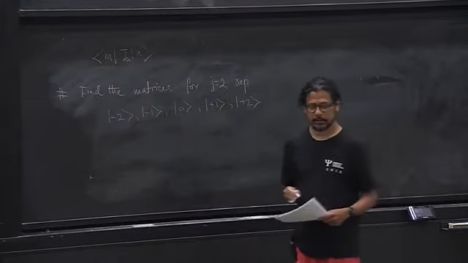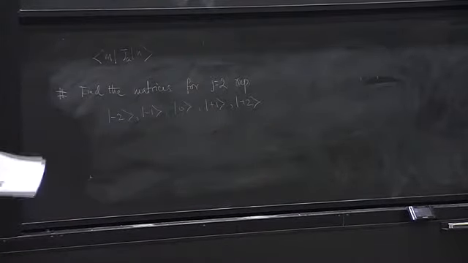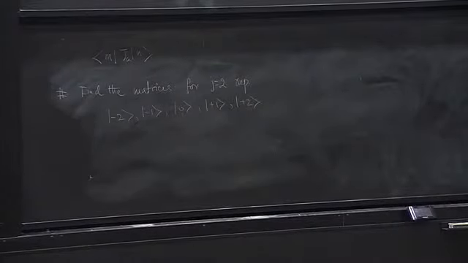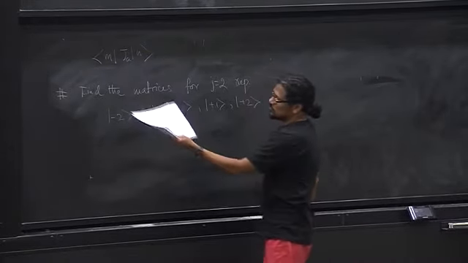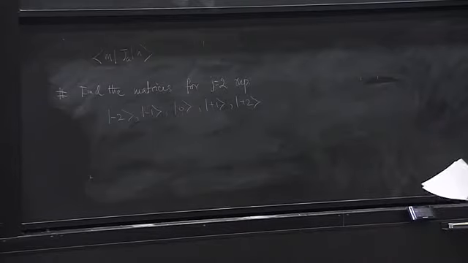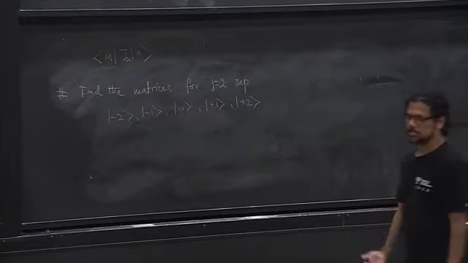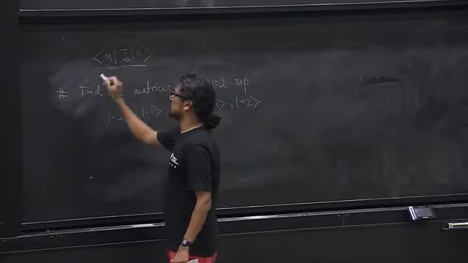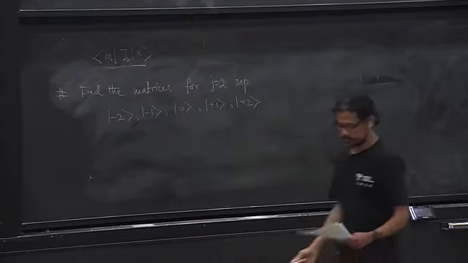And then you can find out what J3 is. You can find out what J plus is, J minus is, just by using this, and you now know what you get when you apply J plus and J minus and J3. I don't want you to do this by hand, do it by Mathematica.